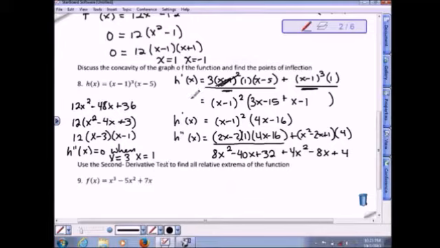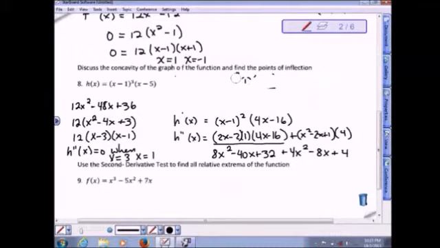So those are the points that we have to place on the number line. To discuss the concavities, we have 1 and 3. Test points in the intervals now.